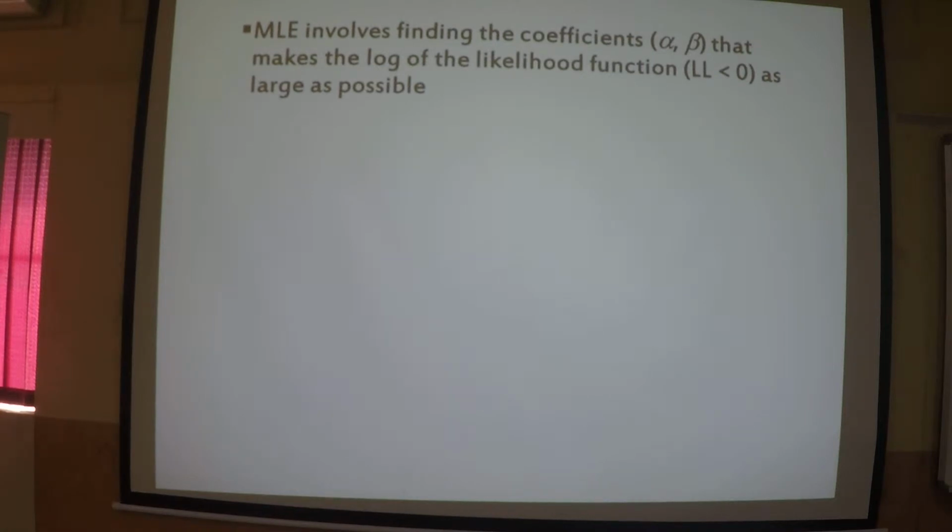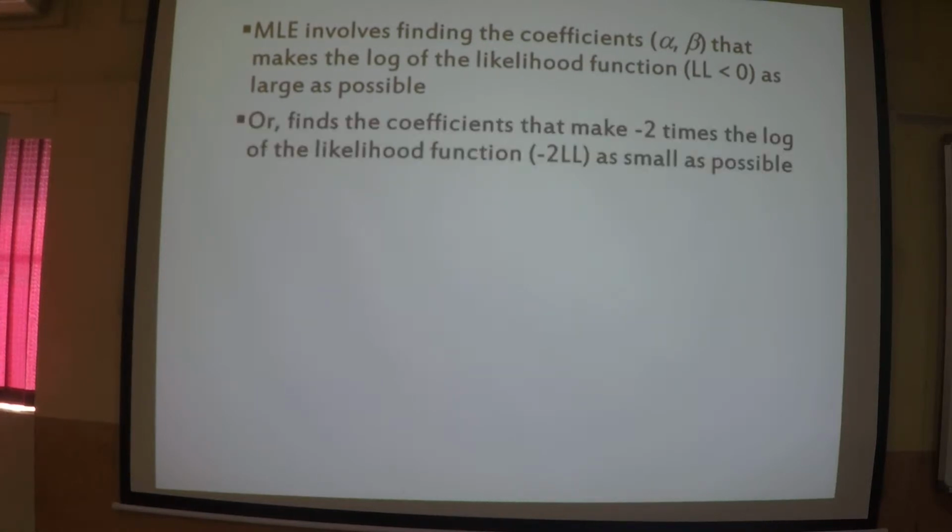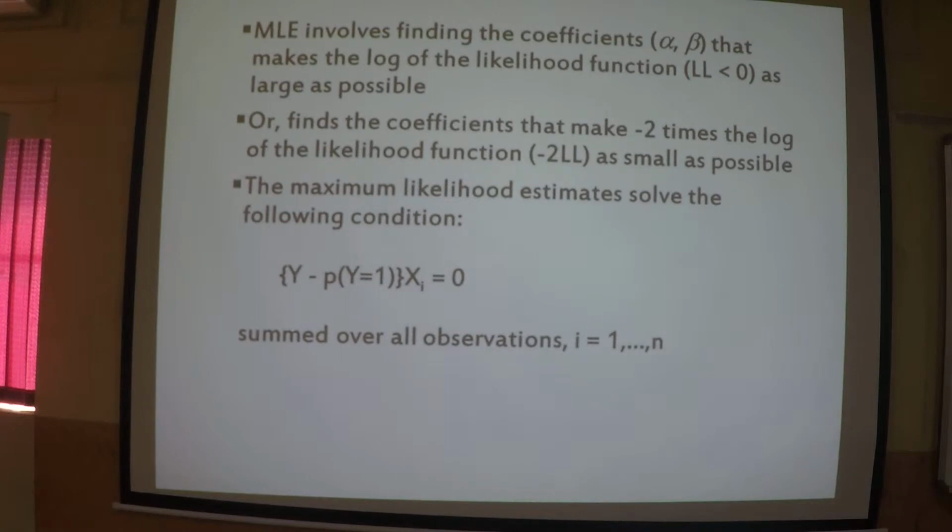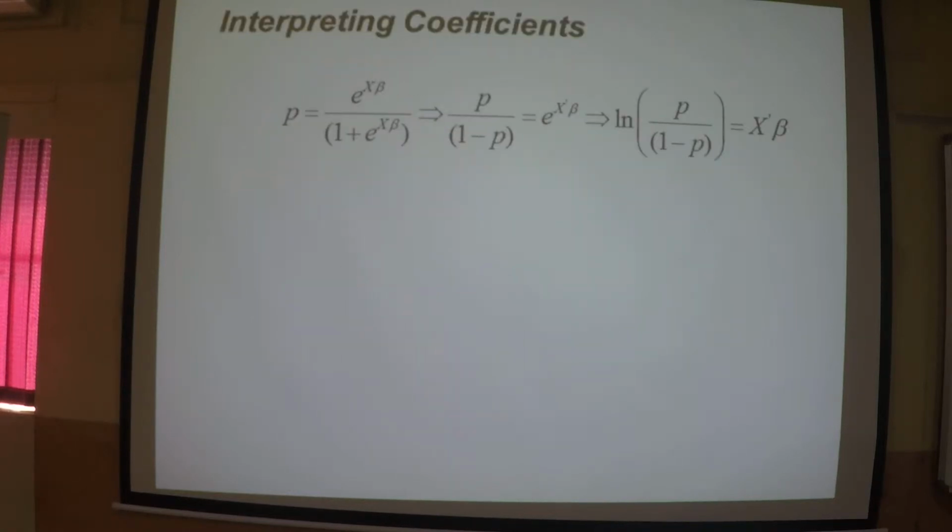Now MLE involves finding the coefficients alpha and beta that make the log likelihood function as large as possible. The log likelihood function is negative because it's a natural log, or equivalently finds coefficients that make minus 2 times the log likelihood function as small as possible. So this is all we know, and we solve them as we go on.